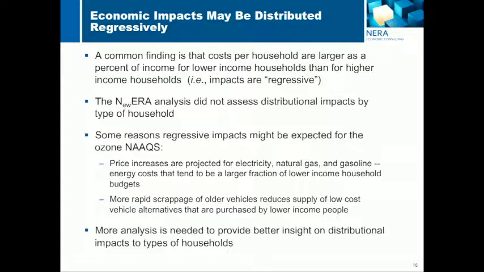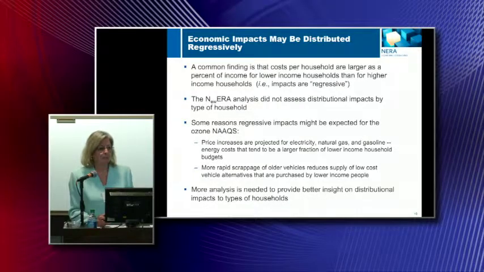That's a very common finding, and in good part it's because energy and commodities are a larger proportion of the spending of a lower income household. They have to spend a bigger fraction of their income on energy, keeping the house warm, that sort of thing. So when energy prices go up, they have little route to escape, and they end up bearing a larger cost relative to higher income households, who may consume a lot more energy, but it's a smaller part of their household budget.